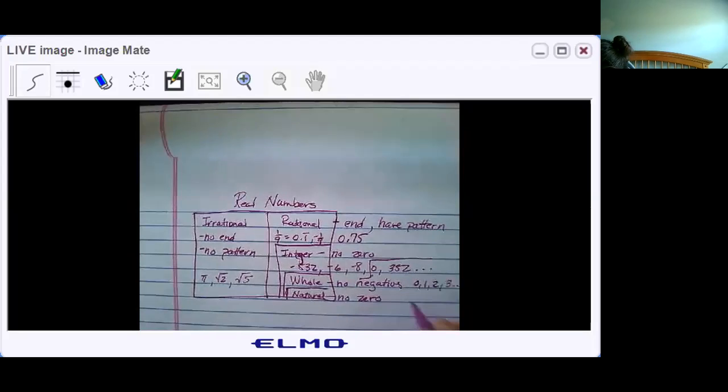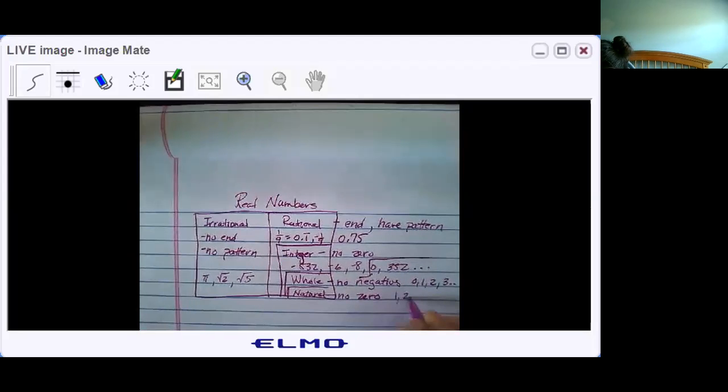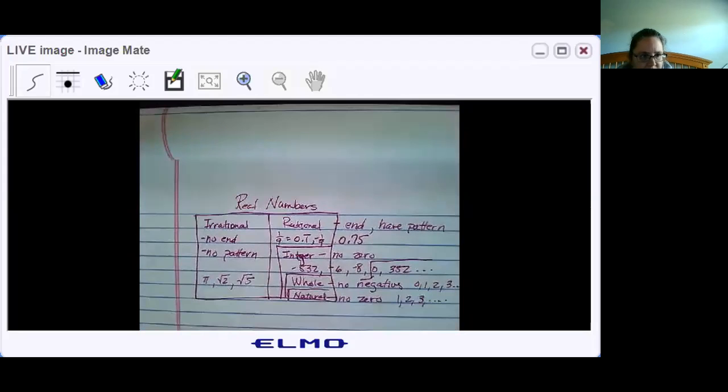The natural numbers start at 1 and go up. Think about it. When you first learned how to count, did you start with 0 or did you start with 1? It's a natural inclination that we start at 1 when we're counting stuff. So sometimes the natural numbers are called the counting numbers. When we start with numbers, we start with 1. We don't start with 0.